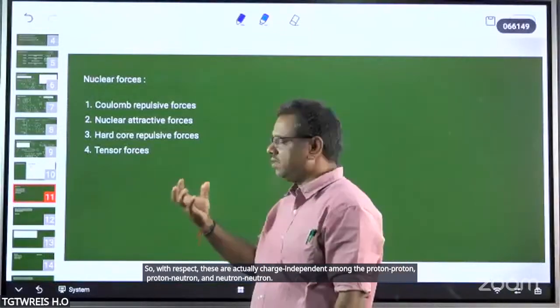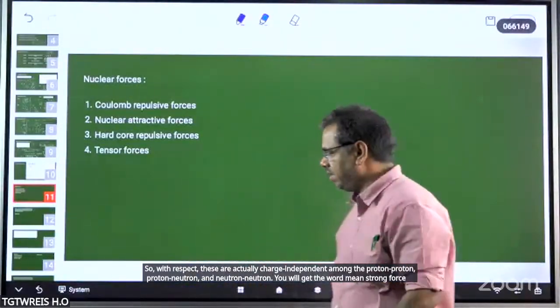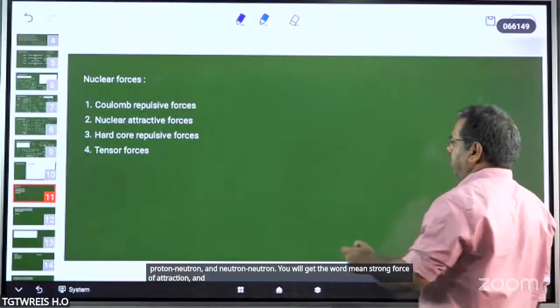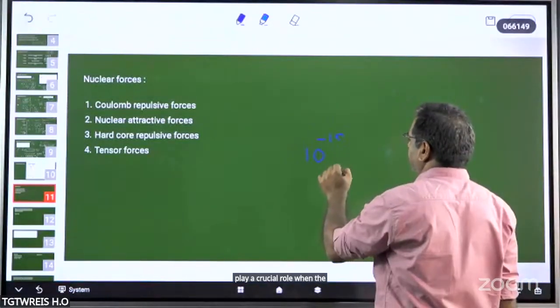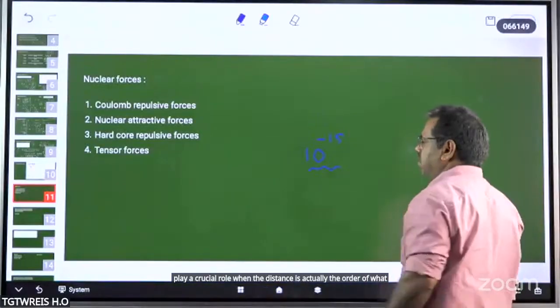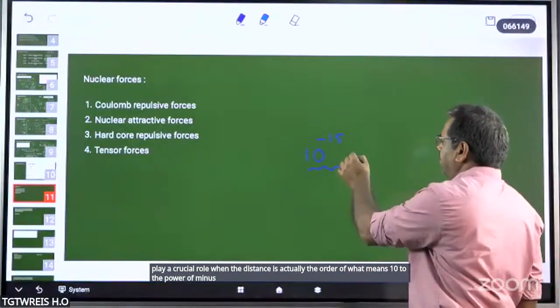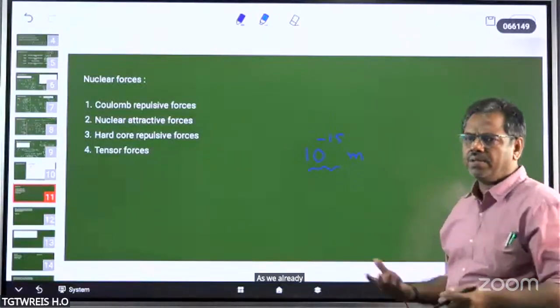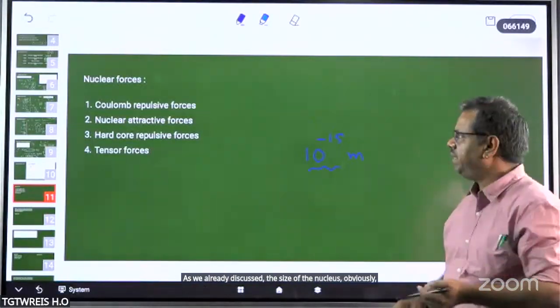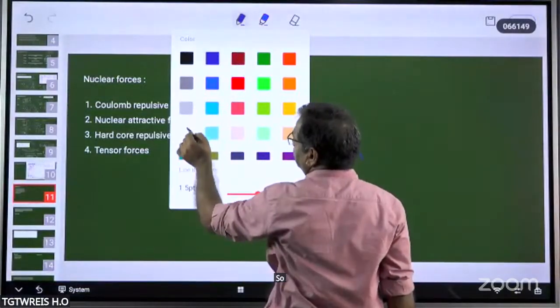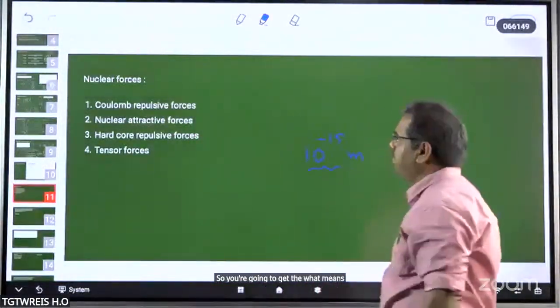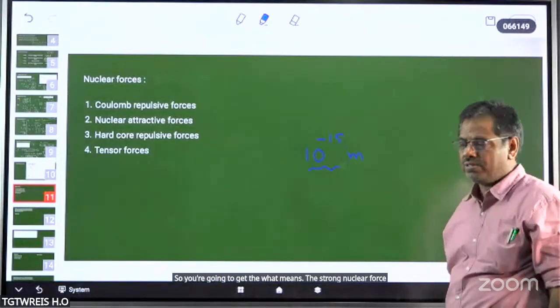Among proton-proton, proton-neutron, and neutron-neutron, you get a strong force of attraction, and these forces play a crucial role when the distance is on the order of 10 to the power of minus 15 meter. As we already discussed, the size of the nucleus is also on the order of 10 to the power of minus 15 meter. At these distances you get the strong nuclear force of attraction.